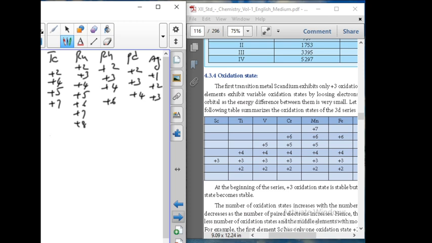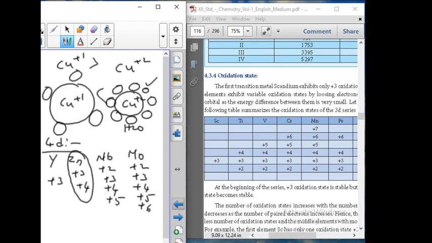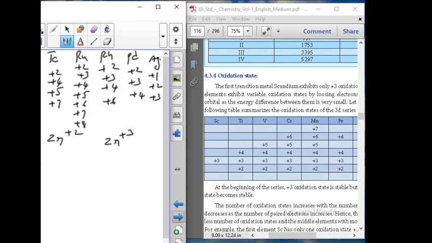I want to say which is the more stable oxidation state of zirconium, between +3 and +4. Sorry, it's not +2, it is +3 and +4.